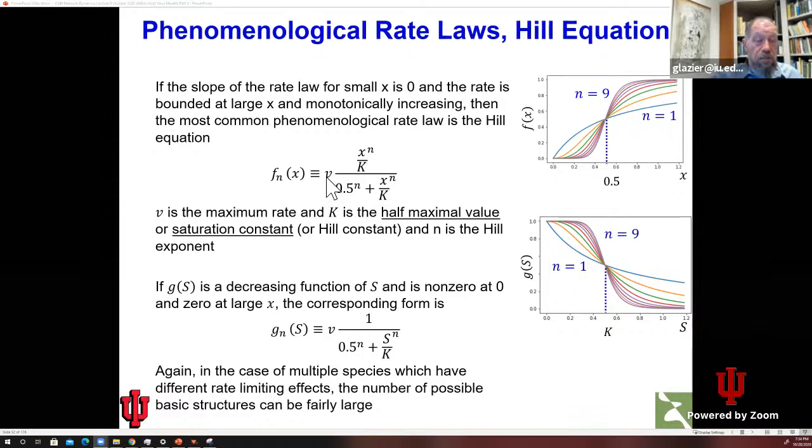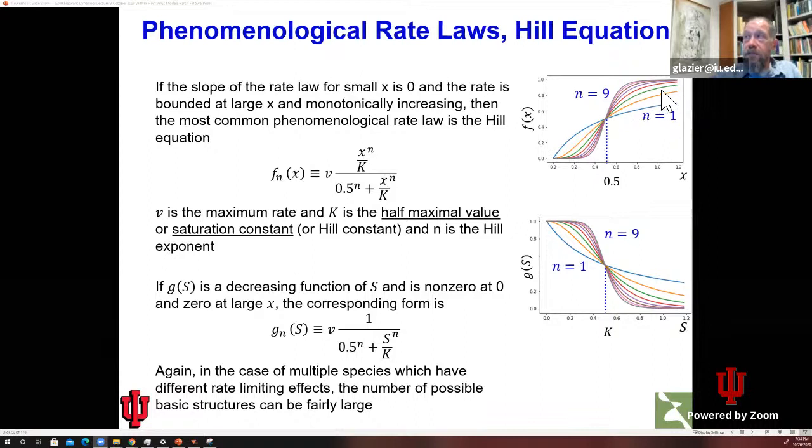It's a maximum velocity, times, and here we'll normalize by the half maximal value, makes life easier, x over k raised to the nth power, divided by 0.5 to the n, plus x over k to the n. And now we have two parameters. We have k and we have n.